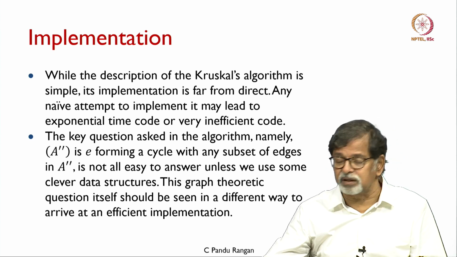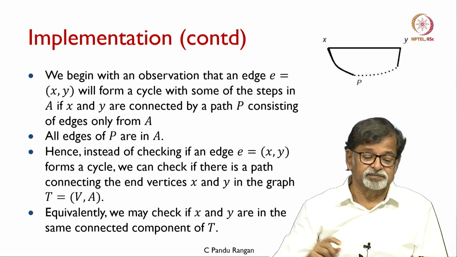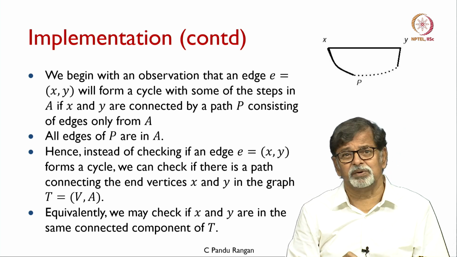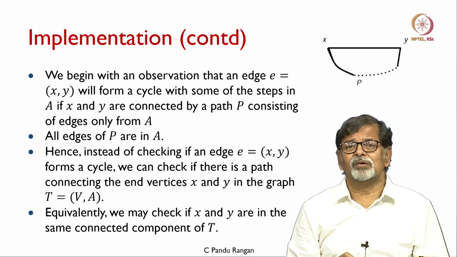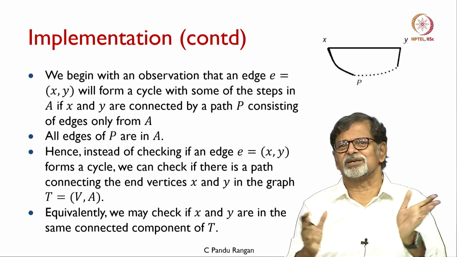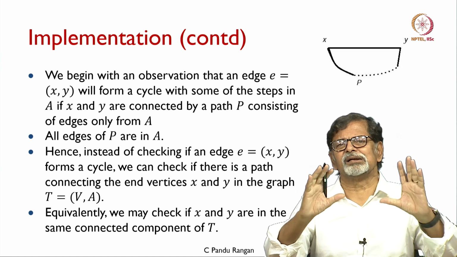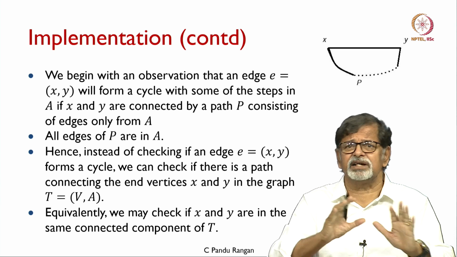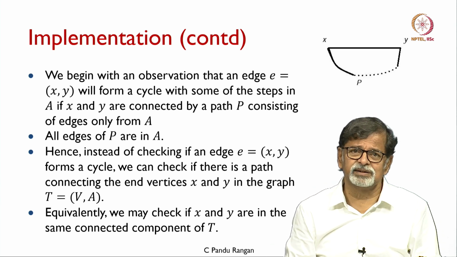So, this graph theoretic question is going to be answered in the following way. We are not going to try to physically construct a cycle, that is not needed. We want only the yes or no answer for whether it is forming a cycle or not.